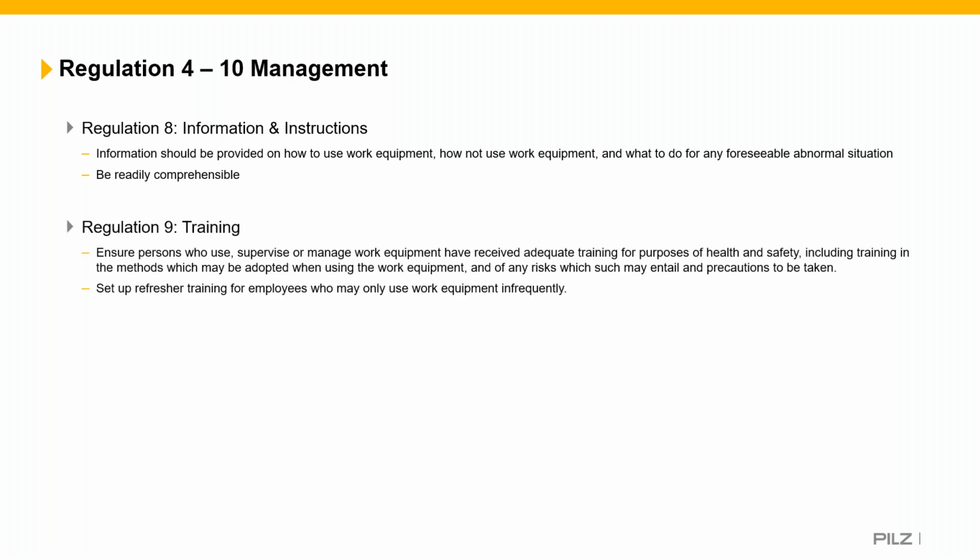A lot of that is covered by training, which is in Regulation 9. So we need to look at adequate training, which will vary depending on the job or the activity and the work equipment itself. You need to determine the existing level of competence and provide training where it's necessary.